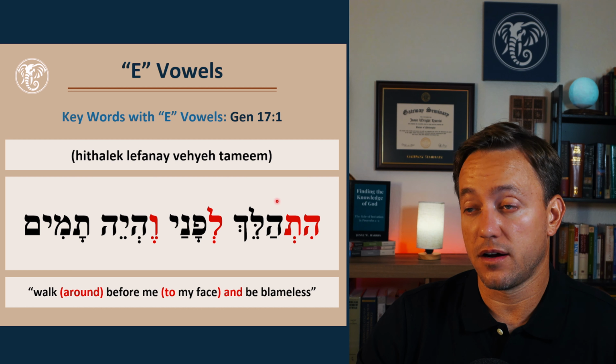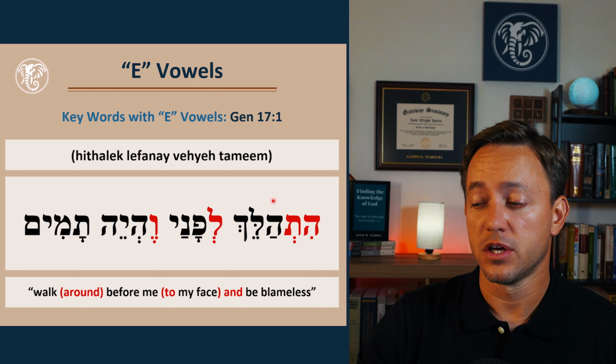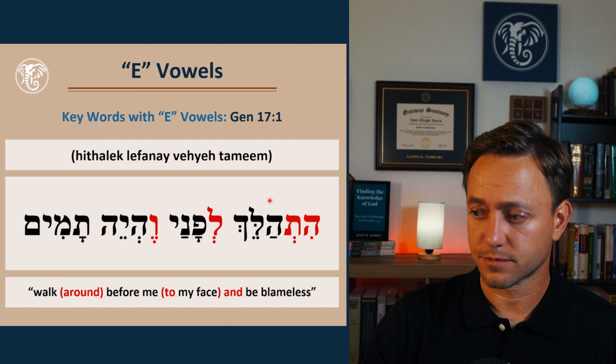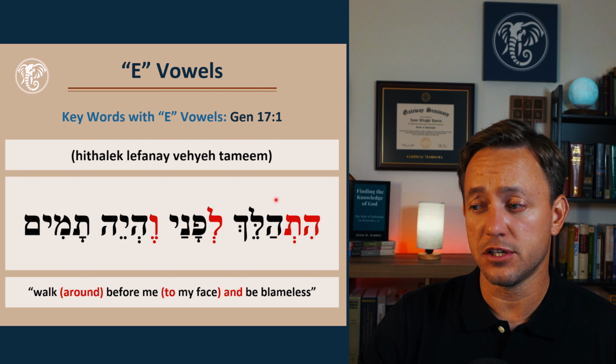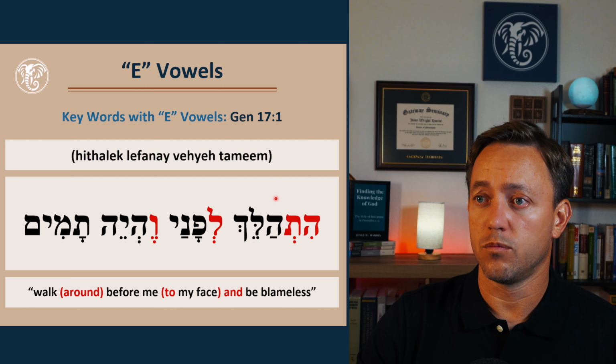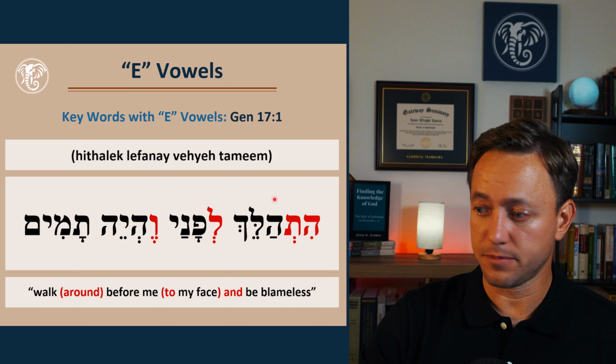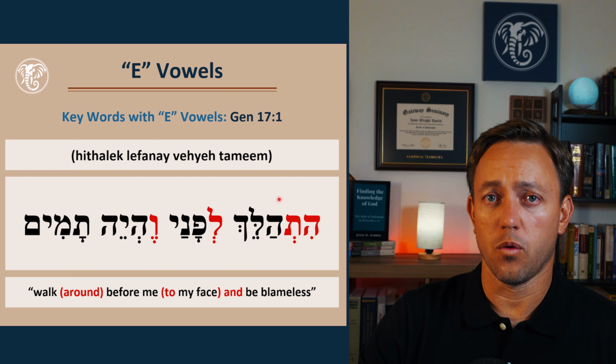And so he's calling Abraham to walk before him, blameless and pure, in a similar way that was said of Noah, right? That Noah was a righteous and blameless man who walked with the Lord. And so this is one of those key features of the people that God works with, that he chooses to covenant with, right? That they are people who walk blameless before the Lord.